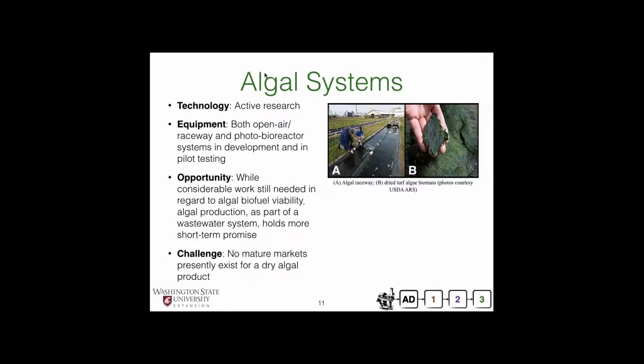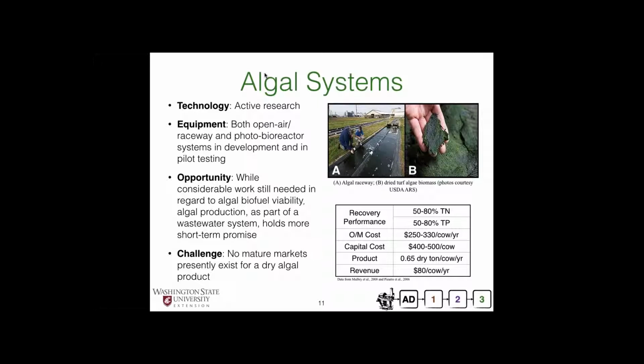Is there an opportunity that this could be used as animal feed? Could it be used as a biomass for raw input into another process? A lot of people want to see this used as a biofuel feedstock. So lots of potential opportunities there, but again, this is more under active research.